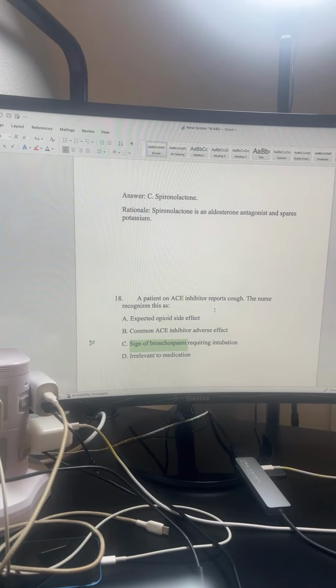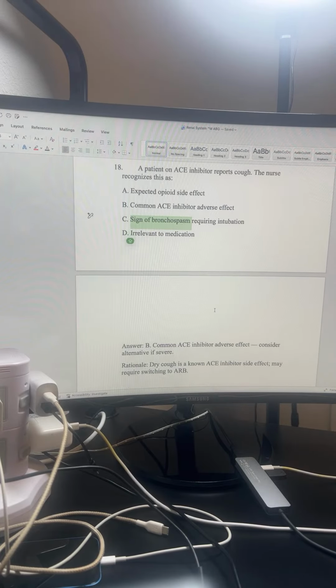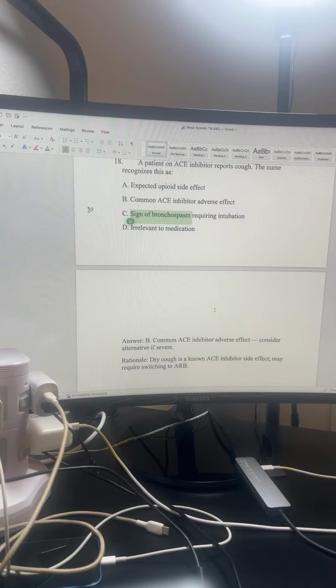Drooling, life threatening, definitely. All right, no problem. You're going to have bronchoconstriction taking place here, or bronchospasm. So definitely you'd consider an alternative if it is severe.